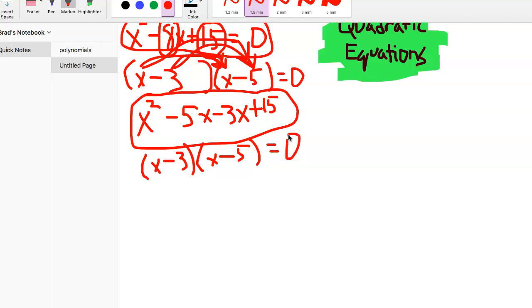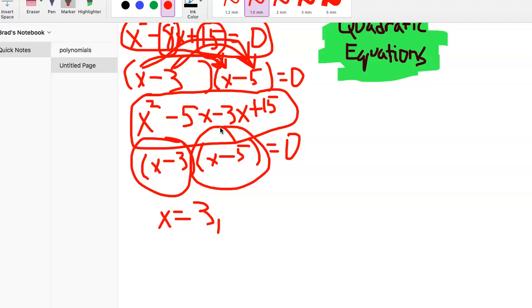Now, what could I have x equal so that inside these parentheses we would have 0? That would be 3, because 3 minus 3 is 0. And then we don't care what this other one was, because 0 times anything is 0. That's one. We do the same thing over on this one: if we put in 5, 5 minus 5 is 0, and that satisfies that one as well.